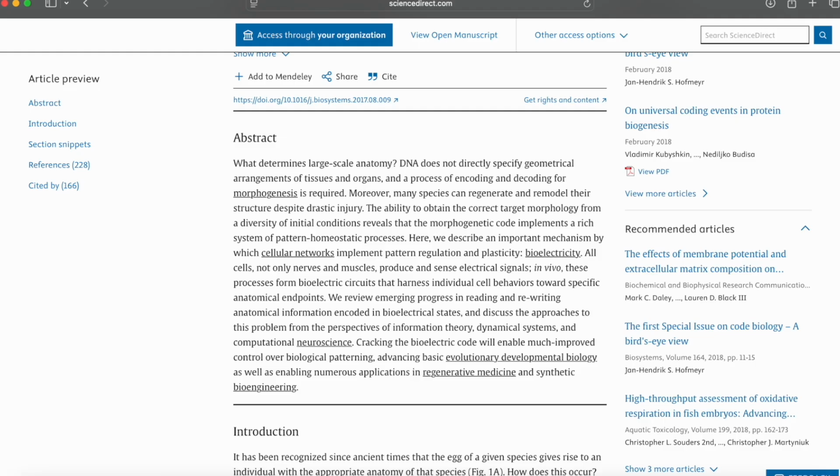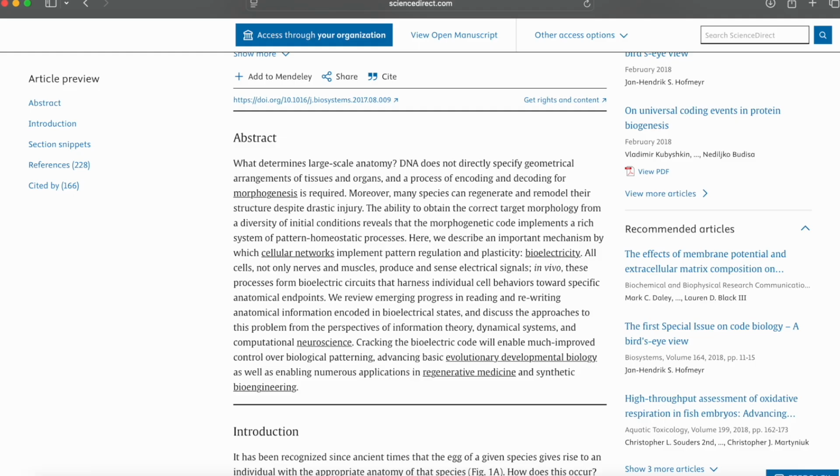We review emerging progress in reading and rewriting anatomical information encoded in bioelectrical states, and discuss the approaches to this problem from the perspective of information theory, dynamical systems, and computational neuroscience.